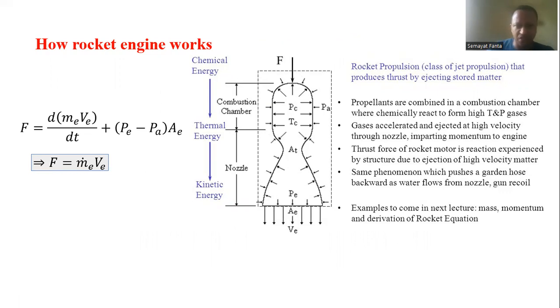Many things here we will learn in the future. Shock can occur here. So gas is accelerated and ejected at high velocity through the nozzle. This is the nozzle, imparting momentum to the engine.